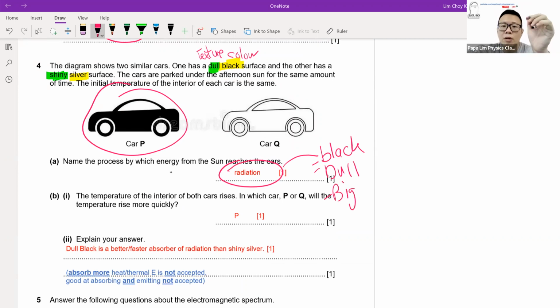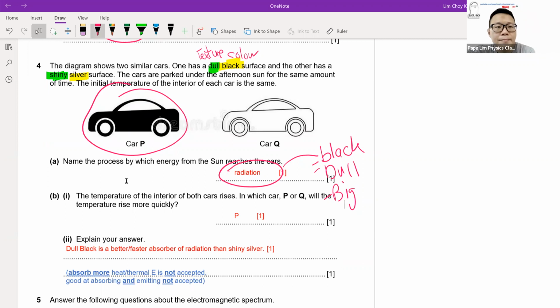These three factors determine whether the object is a good absorber or good emitter. Black is always the best, dull is always the best, and big is always the best. But remember, at any point in the question, you have to decide on one factor: the object has either to be an absorber or an emitter. So it depends on the question.